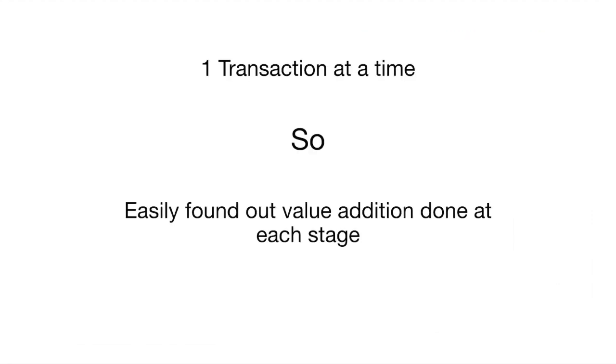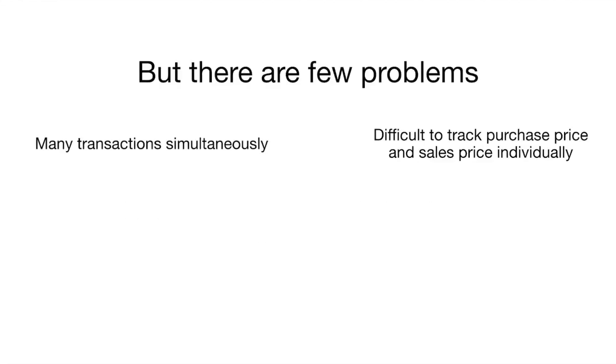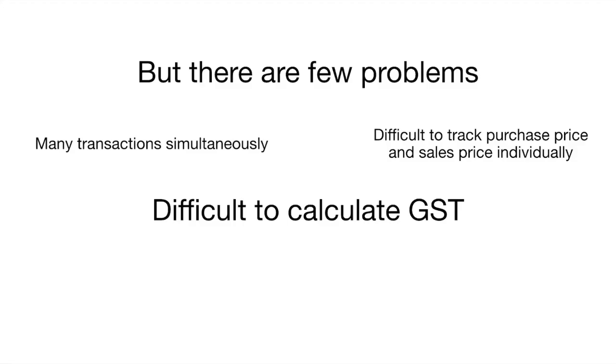However, in real life a business undergoes many transactions simultaneously. And so to find out the sale price and cost price of so many products separately and individually becomes difficult and time-consuming. So it becomes difficult to compute the GST payable on that to the government.